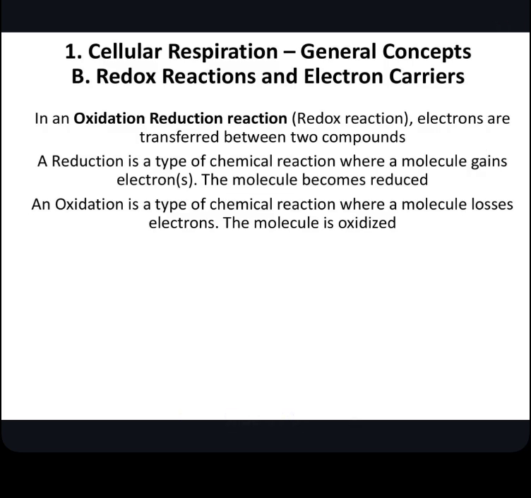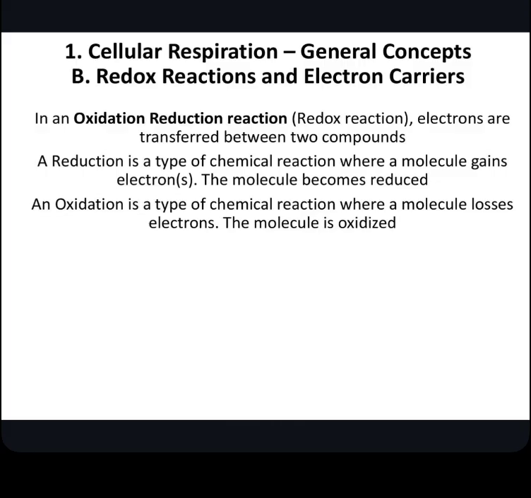So this is usually coupled with another type of chemical reaction called a reduction reaction. In a reduction reaction, a molecule will gain electrons. These two chemical reactions take place at the same time.